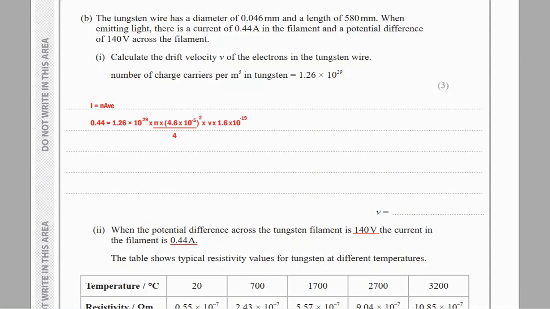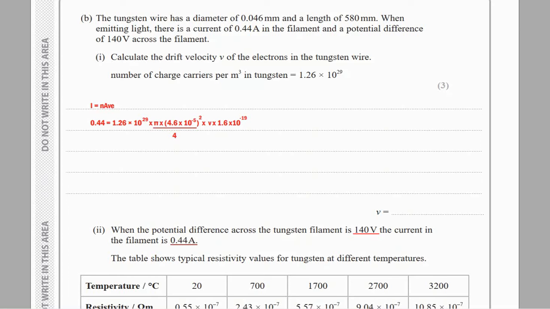Put in the equation, I is 0.44, n is 1.26 times 10 to the power 29. So look at this part, pi d square by 4. Always remember, area is pi r square and r equals d by 2. So you can write it in a shortcut way, as in area can be directly found using pi d square by 4 instead of pi r square. When do we use pi r square and when do we use pi d square by 4?